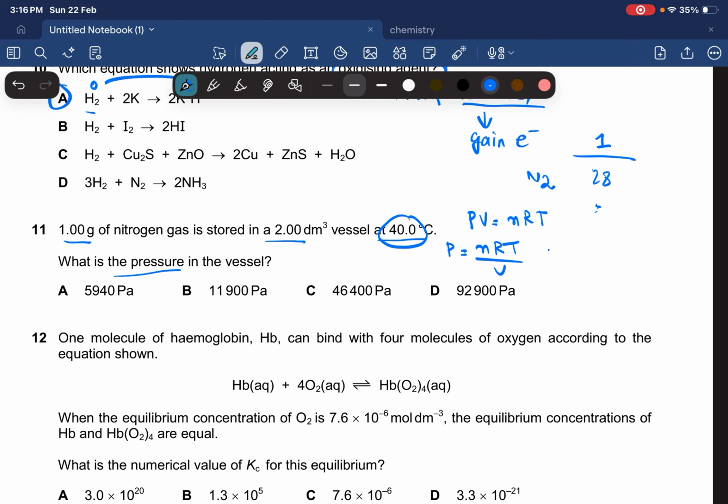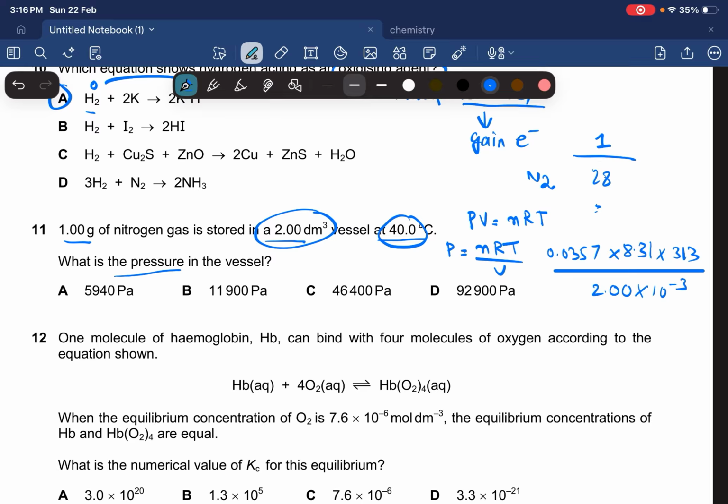0.0357 times R, which is 8.31, times temperature, which is 40 degrees Celsius. And we have to convert it into Kelvin. So 40 plus 273, that's going to give me 313 upon my volume. My volume is in dm cube. I've got to have the volume in meter cube. I've got to remember these things. 2.00 into 10 raised to power negative 3.